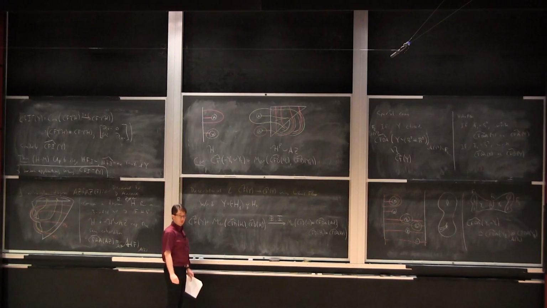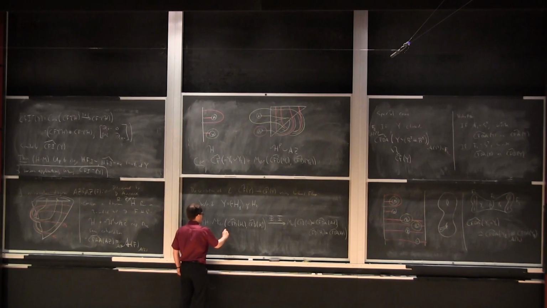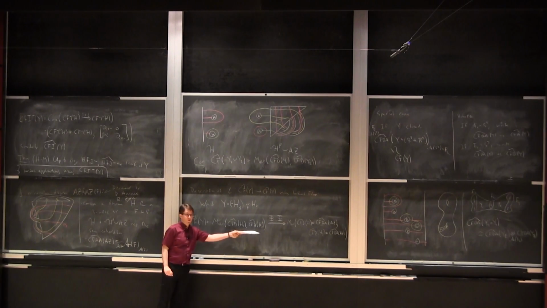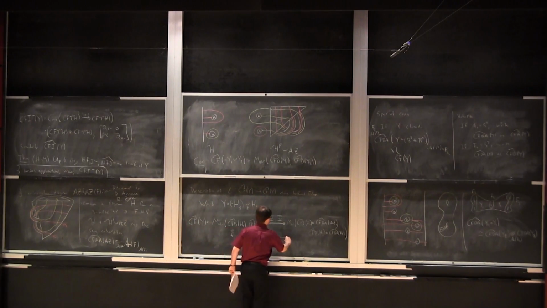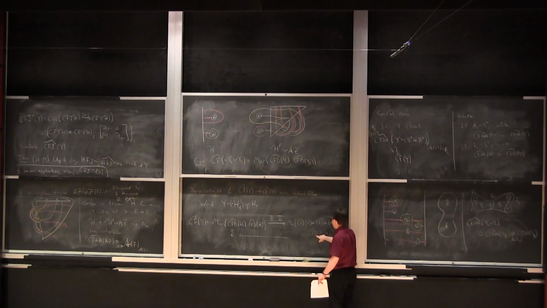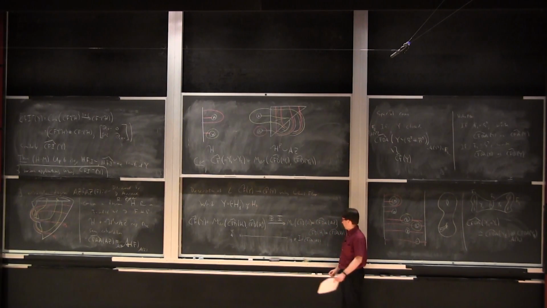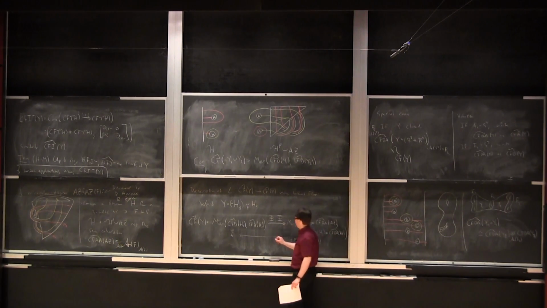So let me tell you the two maps. One of the maps is, if I've got an element f in here, an element is a morphism from this module to that module, then I get a morphism from this module tensor AZ to this module tensor AZ just by tensoring it with the identity of CFDA of AZ. So that's the map phi.